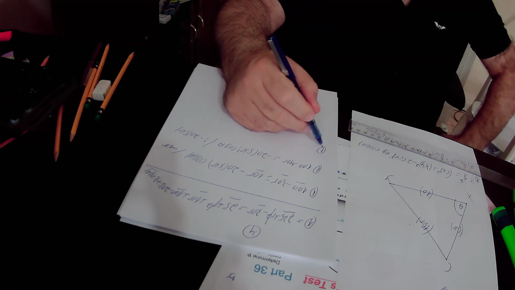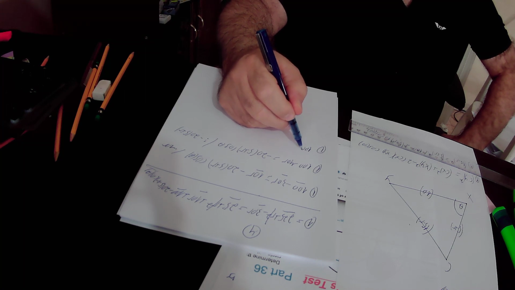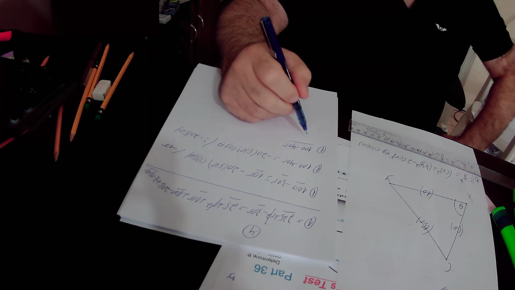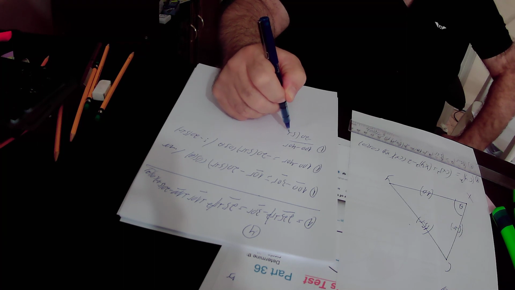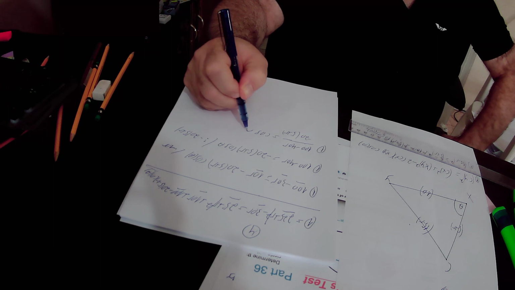according to equation number 1, (100 minus 40r) over (minus 20 times (5 plus r)) equals cosine theta.